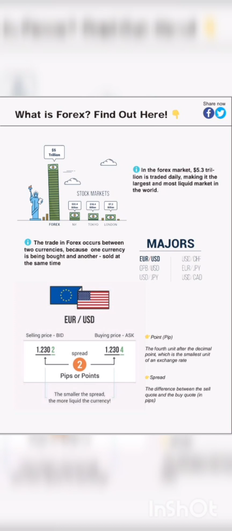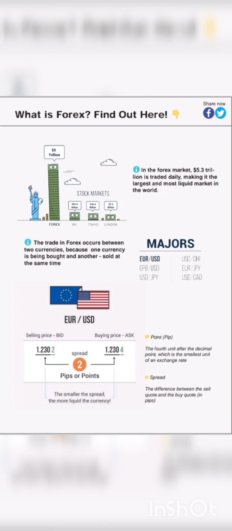For example, the selling price, which traders call the bid, and the buying price, which we call the ask. Let's say the price of Euro to USD is 1.1230 and 1.1232.